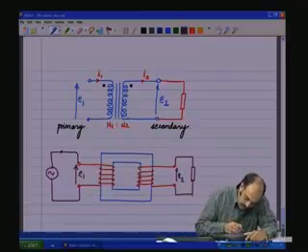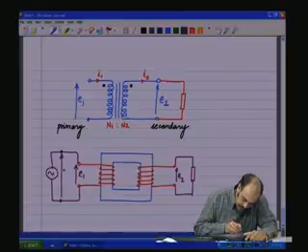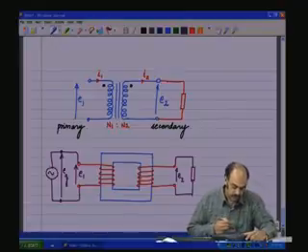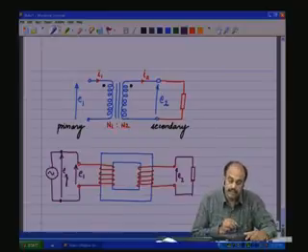Let us say that I mark the generated voltage and let me call that one as EG. Under normal conditions, EG will be same as E1.